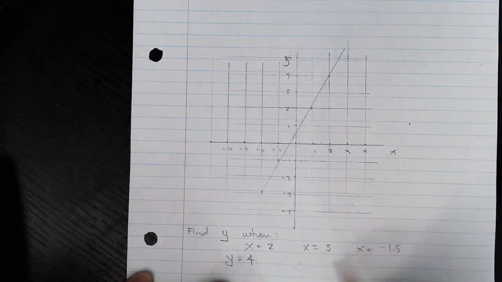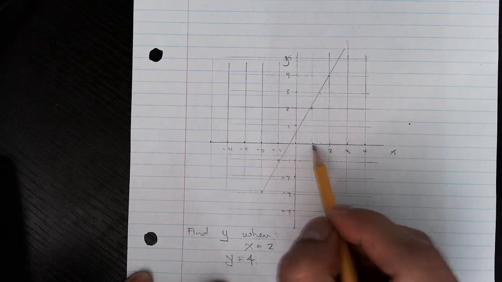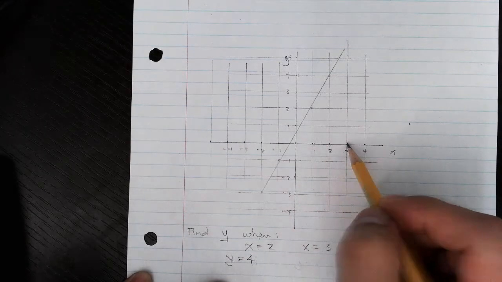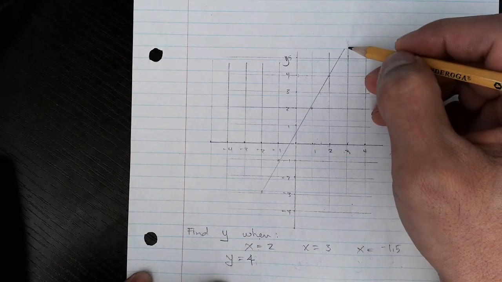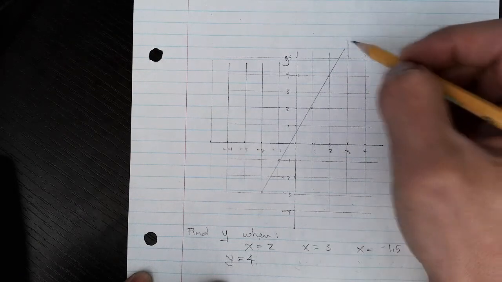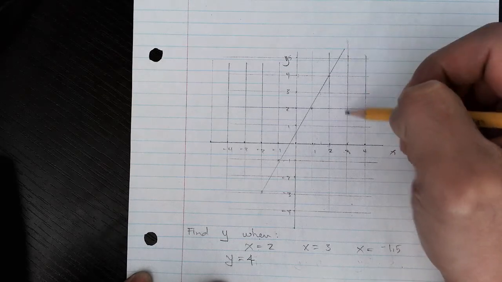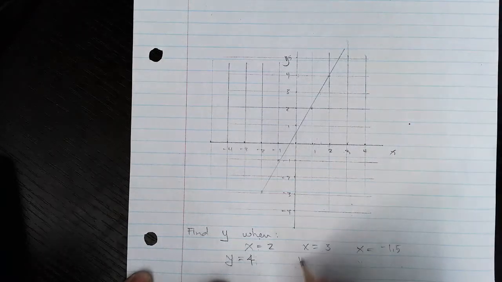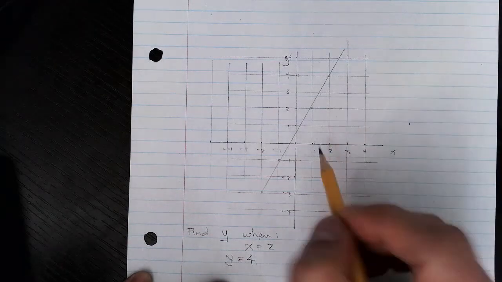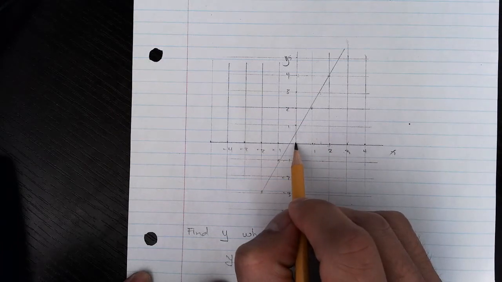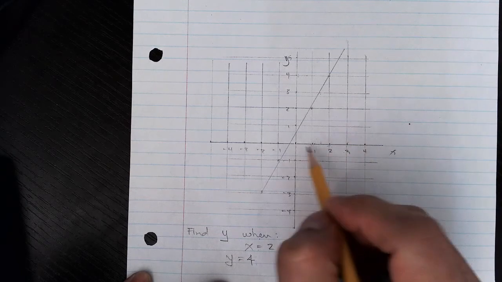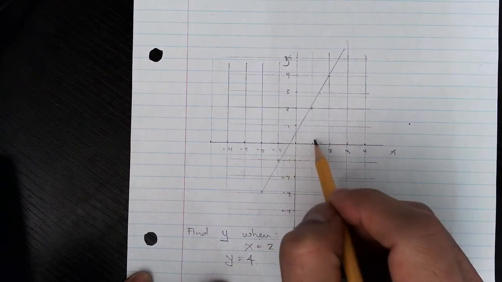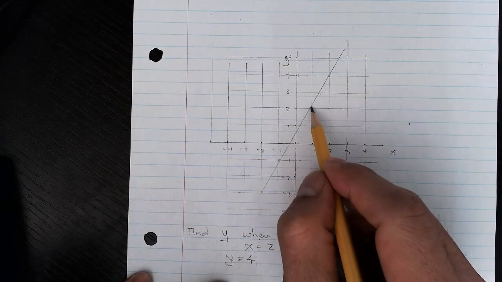Let's try it again. When x is equal to 3, where is x equals 3? 1, 2, 3 is right here. Well, 3 is now beyond what we have, but it looks like it might actually be 6, because if you notice what's going on with the graph, as x increases by 1, y is increasing by 2.